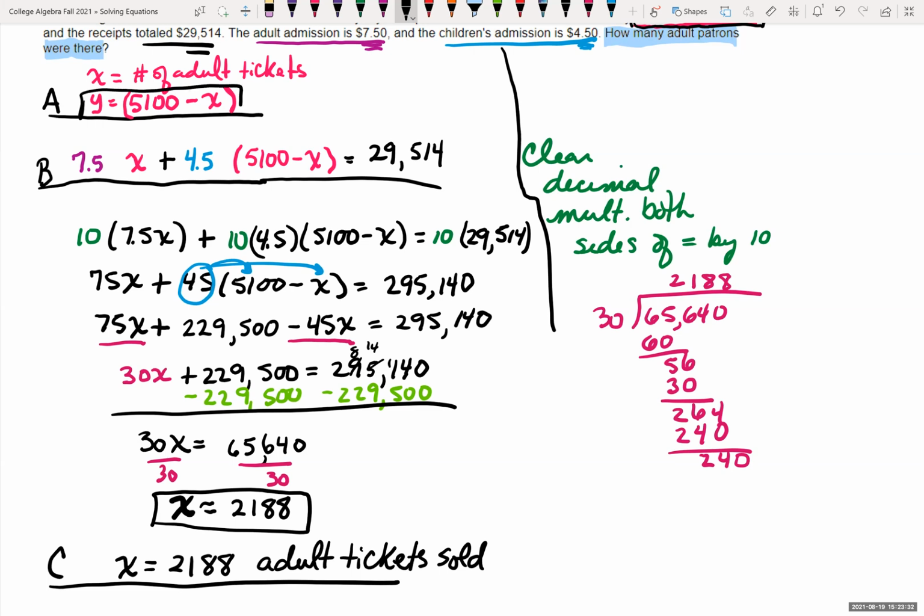By going back in here. I know that, again, 5,100 tickets were sold. And if I subtract off the 2,188 adult tickets sold, we can even go a little further and say that y is equal to 2,912 children tickets sold.